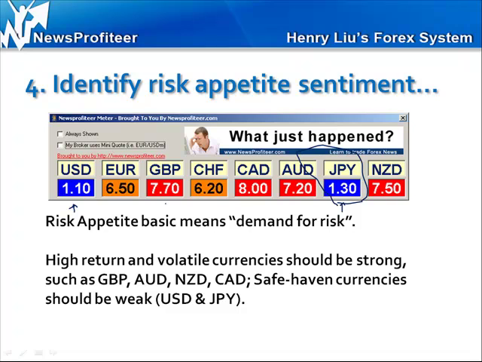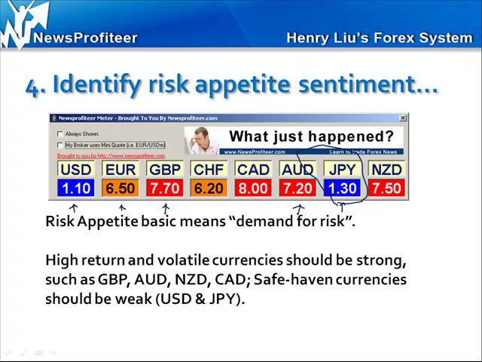Now, when we have a weak Japanese yen, you can trade the more volatile pair, the pound yen. It will usually give you a very good movement upwards. The euro yen is another great pair to be trading. And the next one is the Aussie yen, which will also give you a good movement upwards. By looking at all these pairs, you could choose the best one.